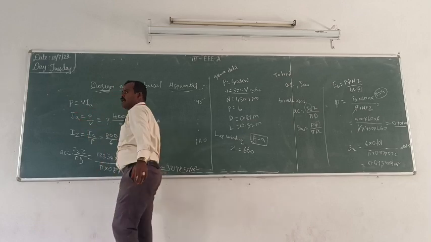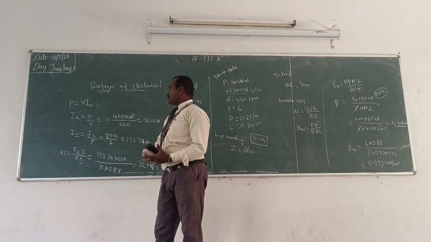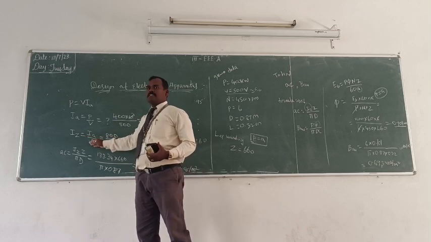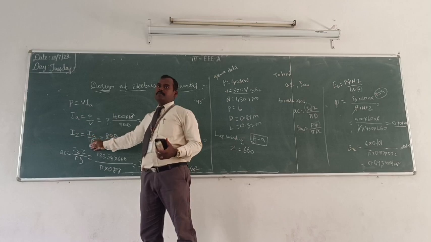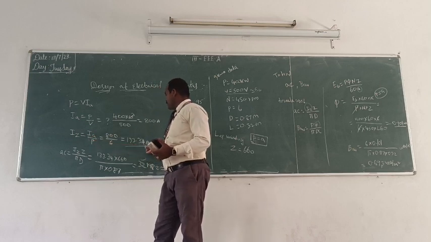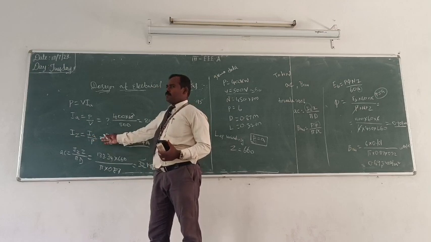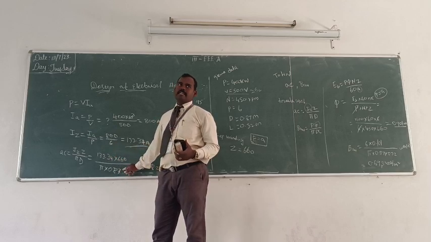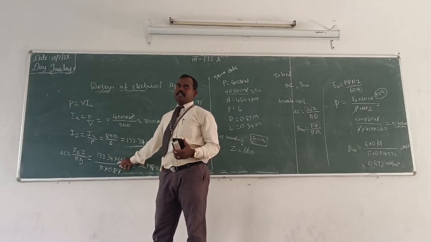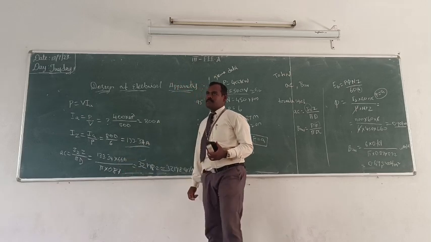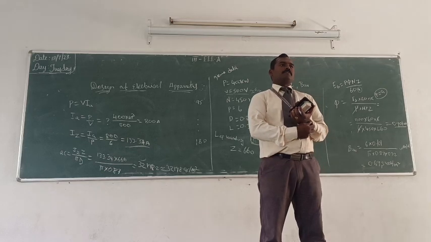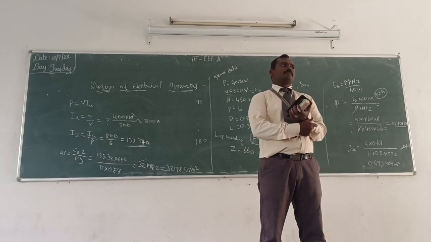Similarly you find the armature current. After finding the armature current, you can find the flow of current, that is the formula IZ equals IA by P. Sorry, IA by P. From that you found the total flow of current, and from that you found the specific electric loading, that is AC, right? Is it clear? So likewise you can write the second problem, try to solve it yourself.